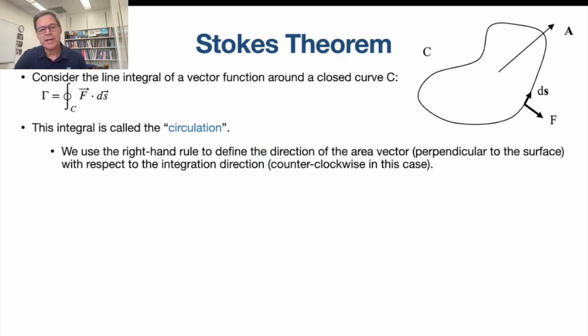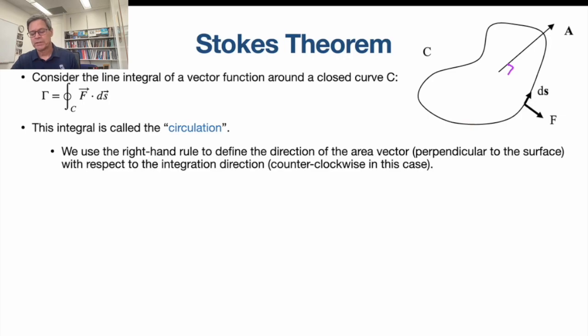Now, to define the orientation, the direction you go around in a loop and the direction of an area vector which is perpendicular to that loop, so let me draw a little perpendicular symbol there, we'll use a right-hand rule to define the direction of the vector area, which is perpendicular to the surface. So that's that vector A coming out of the screen in this case, with respect to the integration direction, which I've chosen to be counterclockwise.